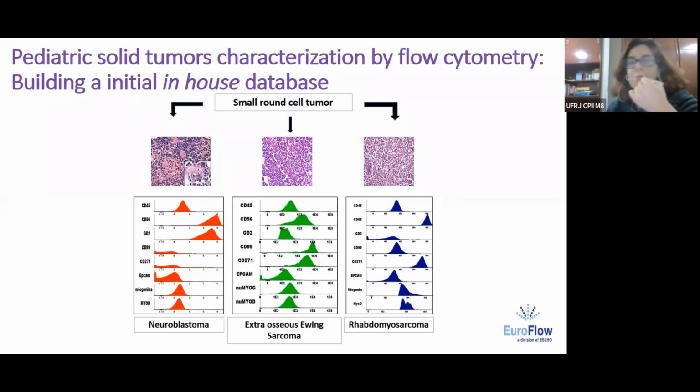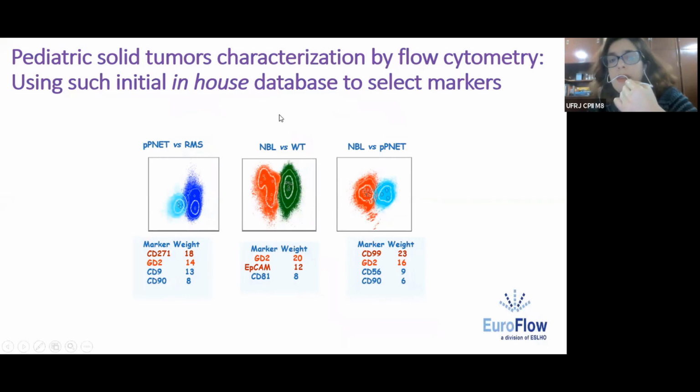So we can put together, as an initial in-house database, cells from several cases of neuroblastoma, extraosseous Ewing sarcoma, and rhabdomyosarcoma, and we can initially compare these populations.